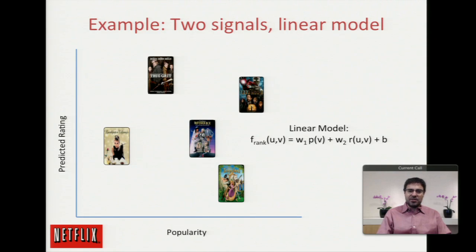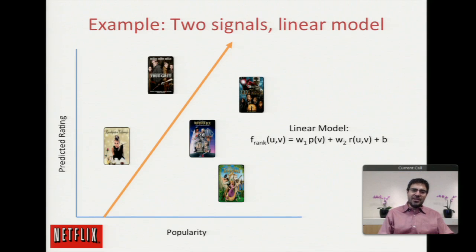And this linear model is going to be combining those two features, the popularity of a video and the rating of a video giving a user. We're going to be giving some weights to those two components, and there's going to be a bias term. And that actually defines a line in this two-dimensional space, right? Depending on the weights that we are going to give to W1, W2, that's going to have a different slope. Let's pretend that it has this slope.